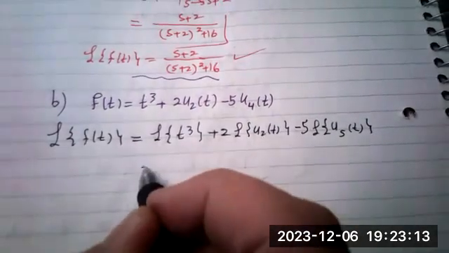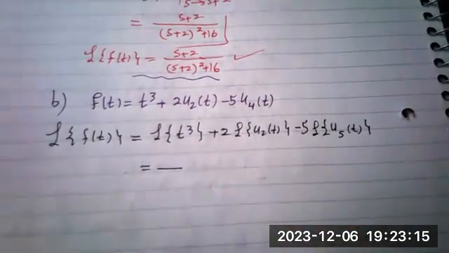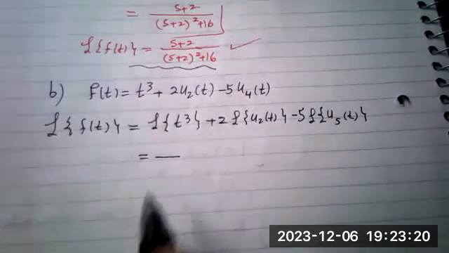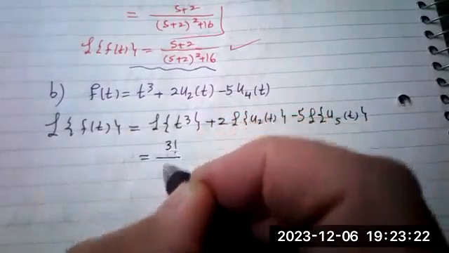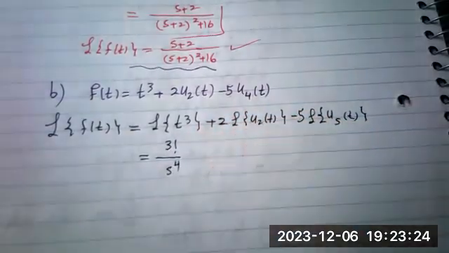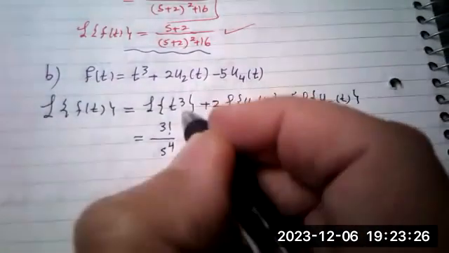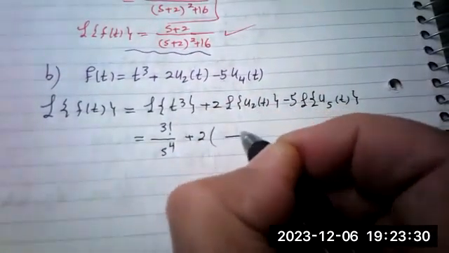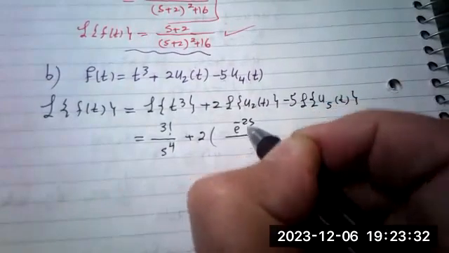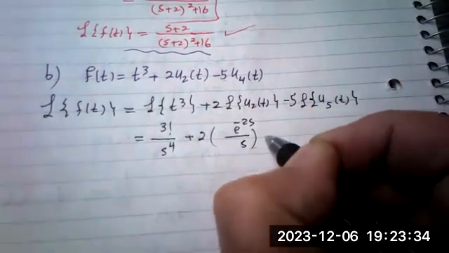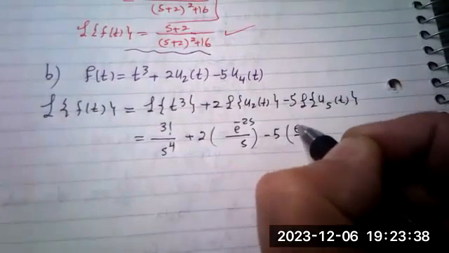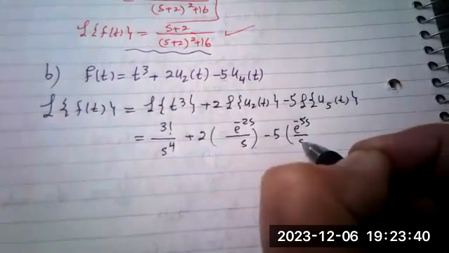So Laplace of t cubed, you know, it's n factorial over s to the n plus 1, so it's going to be 3 factorial over s to the 4, the formula that we have. Then 2 times the unit step function base 2, e to the negative 2s over s. And the unit step function base 5 would be e to the negative 5s over s.